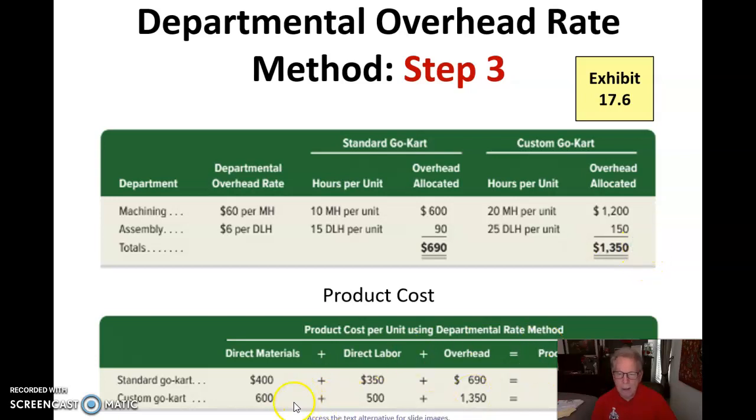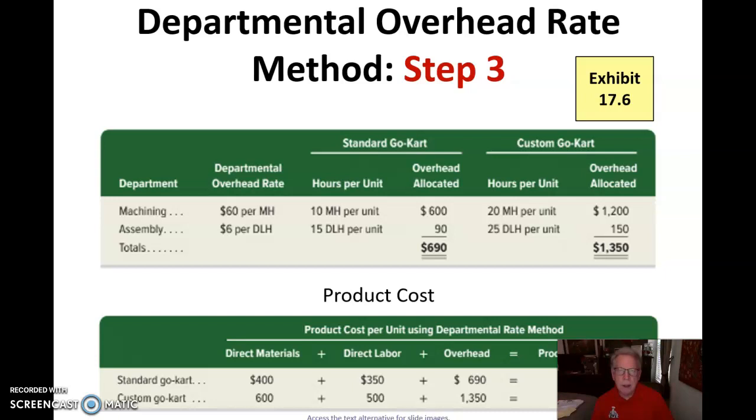And so we combine those with the direct materials, which hasn't changed for either of the products, but now our overhead is $690 and $1,350. Now our product cost per unit is different than we calculated with the single plant-wide overhead rate.